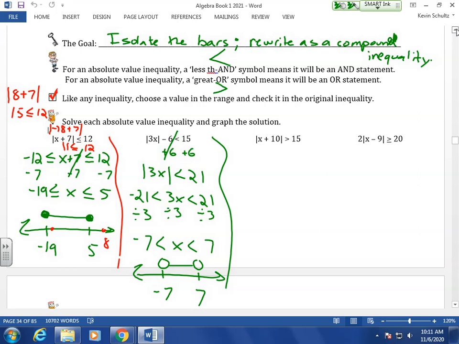And what this is saying, our little graph to help us here, is that whatever x plus 10 is, it is further than or more than 15 from 0. So the inequality that we can write here is that x plus 10 is less than negative 15, or x plus 10 is greater than positive 15.